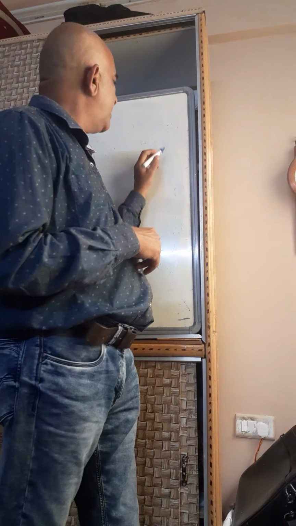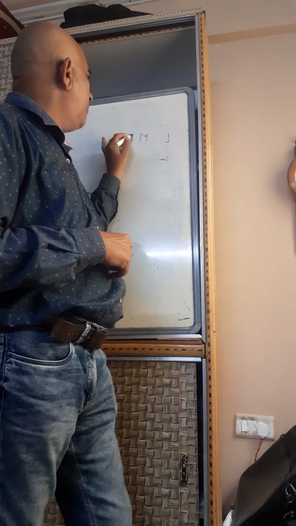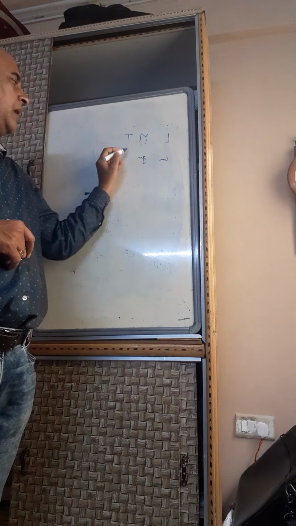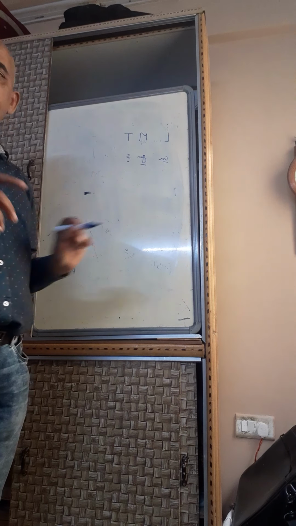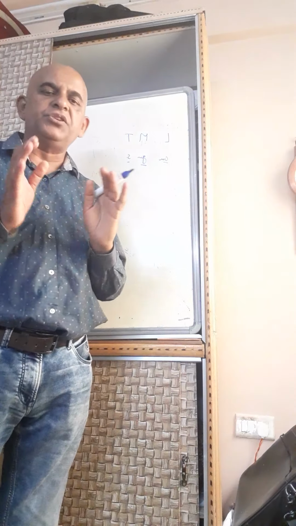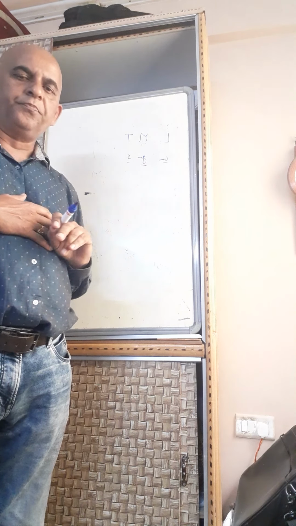Length is measured in centimeter, mass in gram, time in seconds. That is called the CGS system. They introduced one system to measure the units, that is called the CGS system.